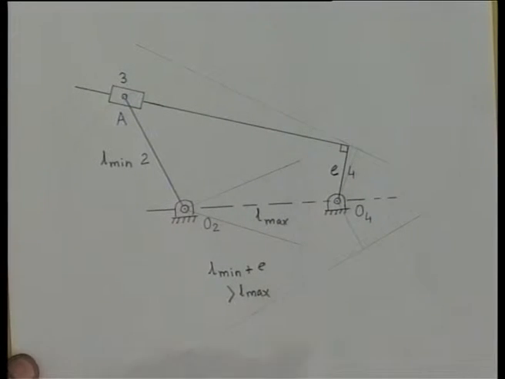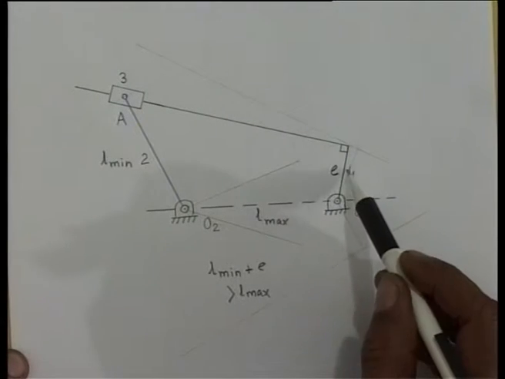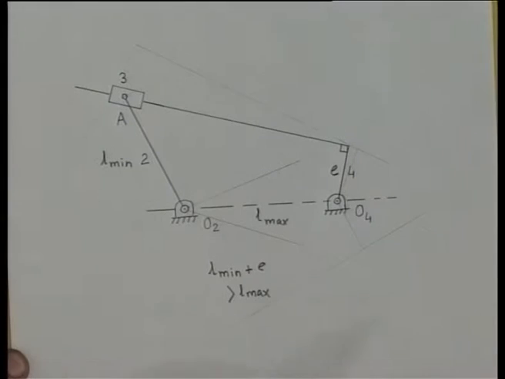So, it is a 3R1P non-Grashof chain, and we have to find the angle through which the link O2A and link 4, that is this line, can oscillate.